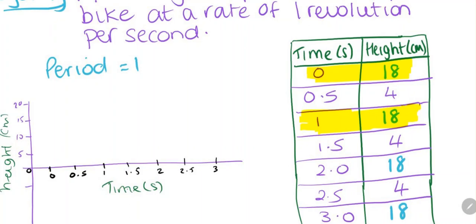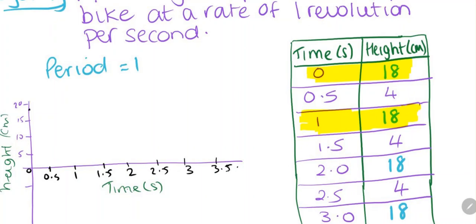And if we draw this, 0, 18, so there's 18. So this is going to come down to 4. I labeled this wrong, apologies. 0, 0.5, 1, 1.5, 2, 2.5, 3, and we're not going that far. There we go.